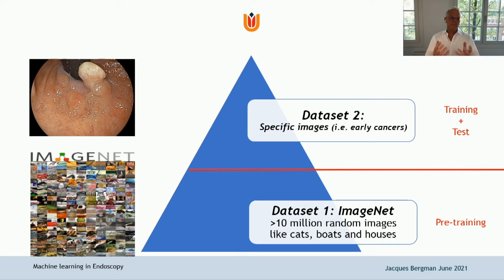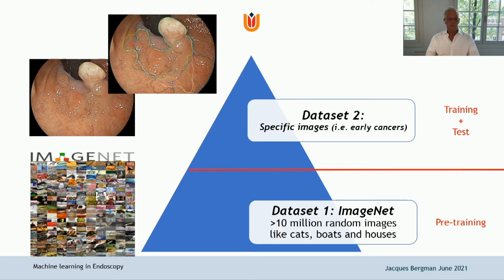And the algorithm uses that information to learn basic features of images, like boundaries, like edges, like shapes, etc. And superimposed on that information, so after this pre-learning, we then do specific training for which we use specific images. In this case, early neoplasia images of Barrett's cancer that we don't have millions and millions of, especially not since we would also need to have them be delineated by experts.